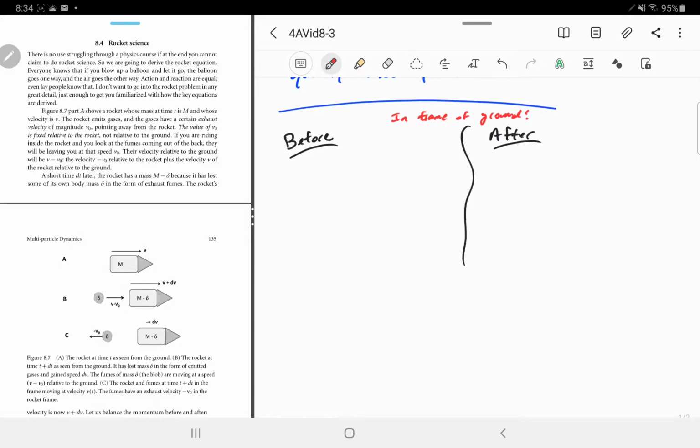So I want to tell you which 2 are relevant from the book. So in the frame of the ground, we're going to focus on the rocket when it's already moving at some speed. It's going to the right at some initial speed v. So the initial momentum is equal to the mass of the rocket at that moment, and the mass is actually going to depend on time, times the velocity of the rocket.